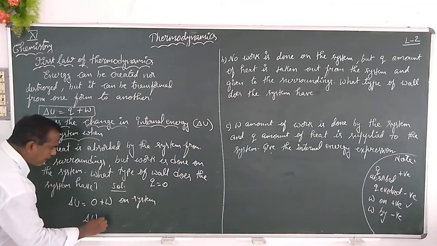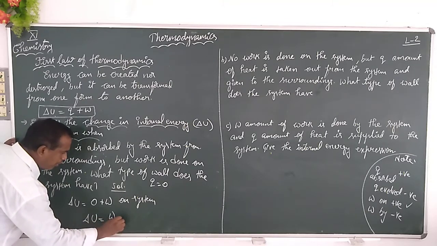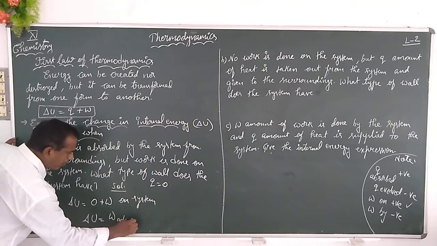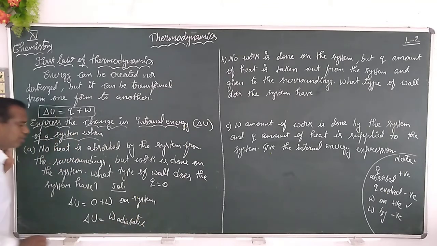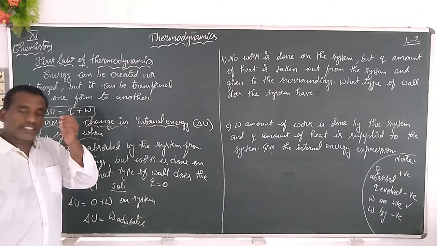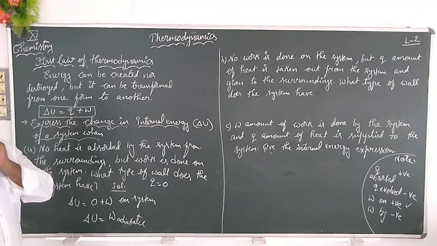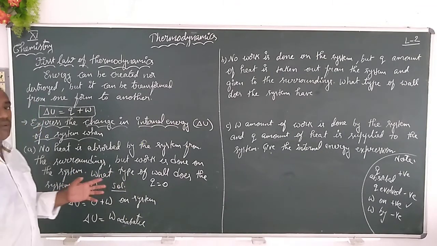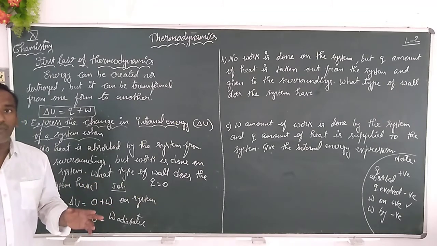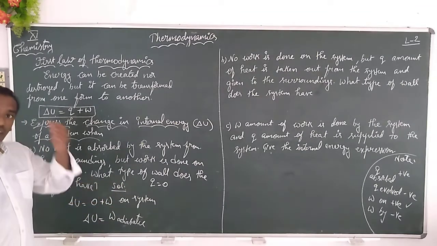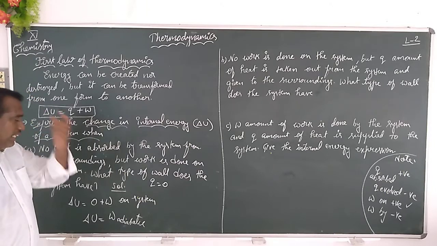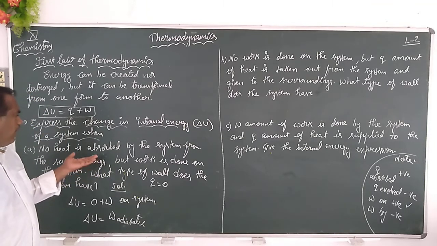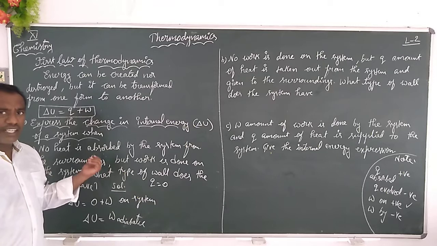We can give delta U is equal to W for an adiabatic process. Because what is an adiabatic process? Where there is no exchange of heat between the system and the surroundings. What type of wall does the system have, they are asking. See here, heat is not getting in or out.